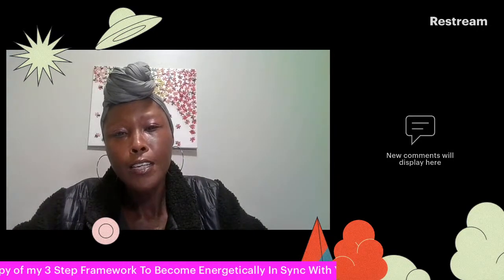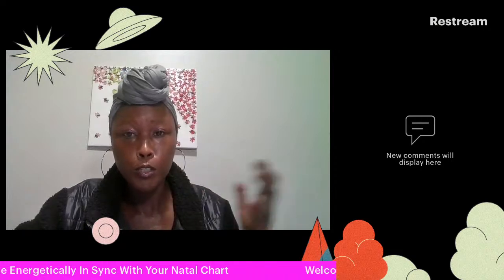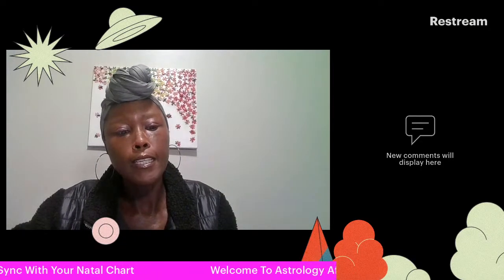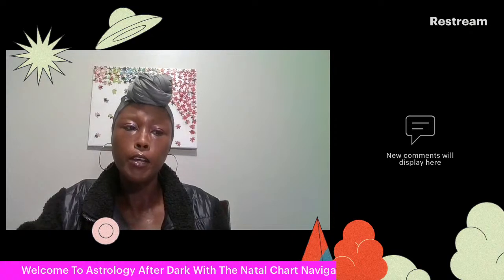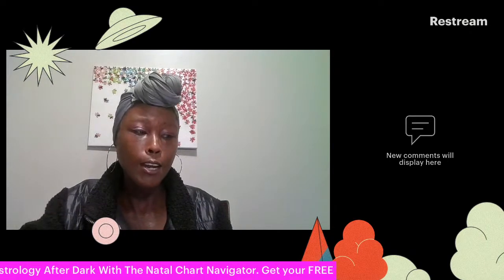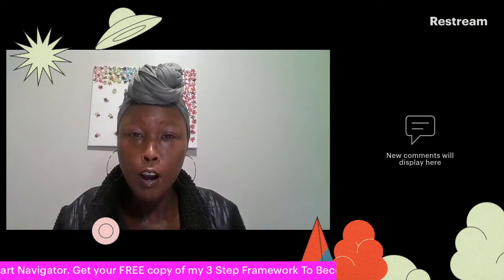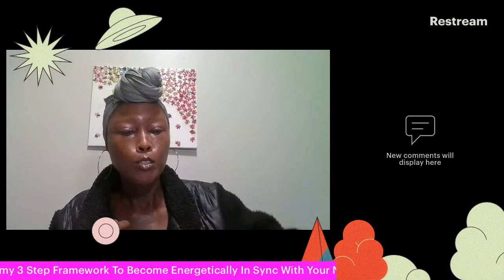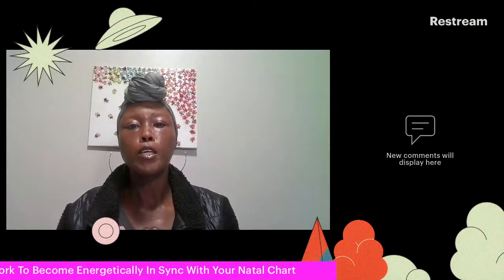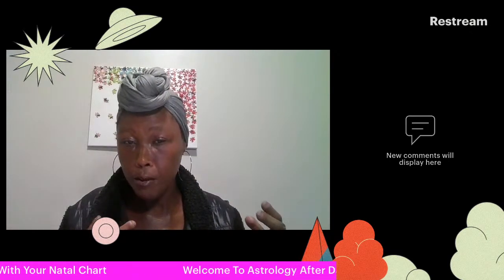Now, if you're looking it up on a different software, like Lunar Astrology, it looks different. But if you're using astro.com, it's a little chart. I recommend when you first start looking at your chart, if you're brand new to astrology, that you pull it up on astro.com because it's absolutely free.